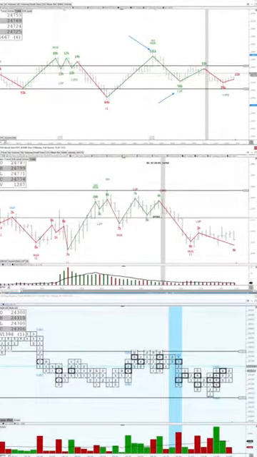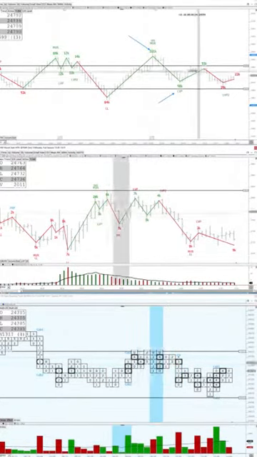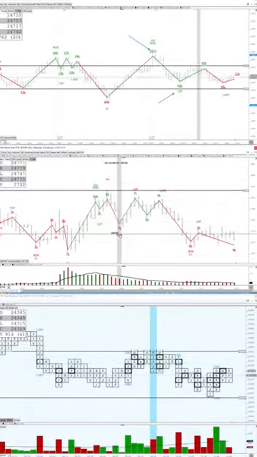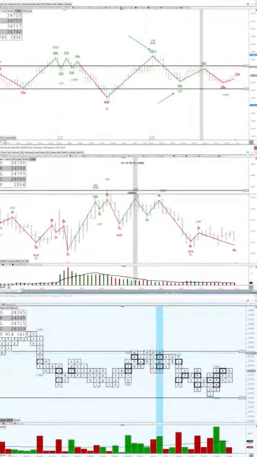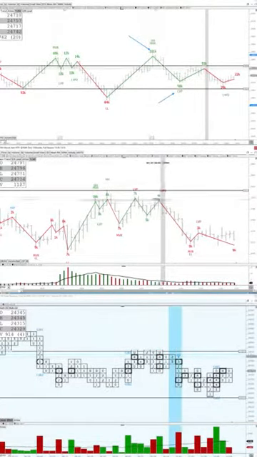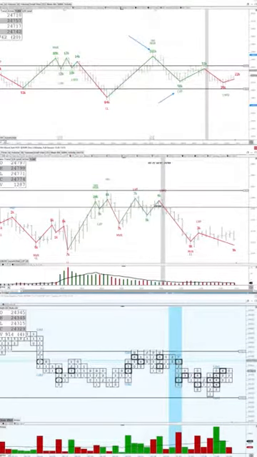Okay? So it is going to a level of resistance, and you have more selling, less volume on the buying, followed by a retest, followed by this reversal bar, and that's the trade.